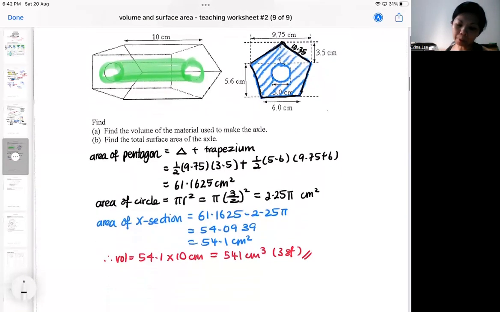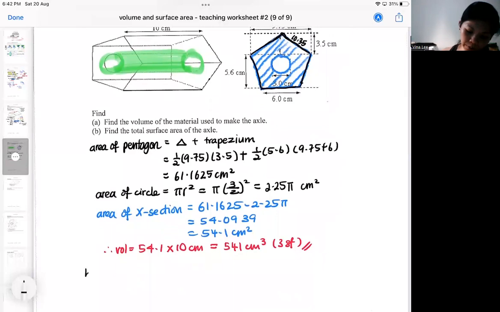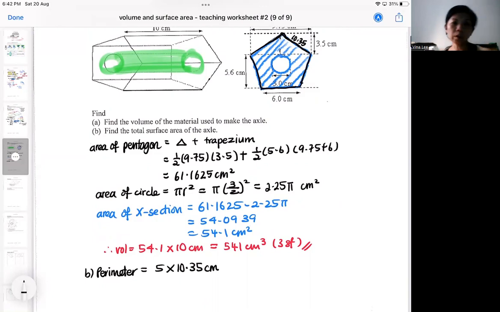So I'm going to find the perimeter of the cross section. Take a look. The perimeter of the cross section will be the 5 sides. Don't care how I get my 10.35. You will not know at this stage. This is a Sec 2 question also. The thing is, I need to add the circumference.